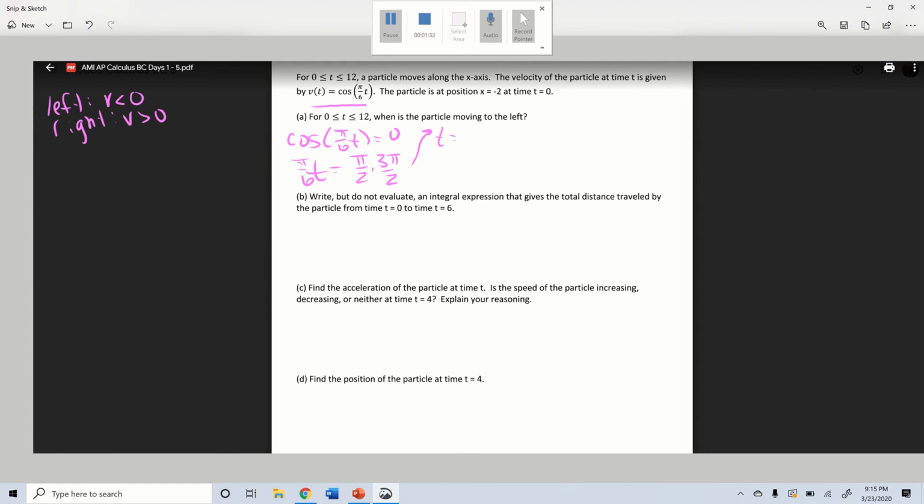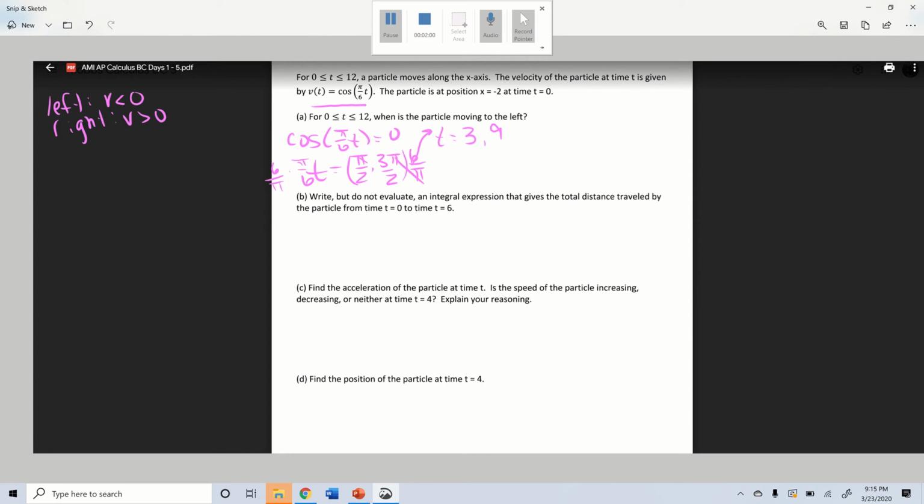So we're going to have to multiply everything by 6 over pi to figure out what those t's are actually going to be. So the pi's are going to cancel, and then 6 divided by 2 would give us 3. For this next one, 6 times 3 would be 18, divided by 2 is 9. So those are going to be our two values when the velocity is equal to 0.